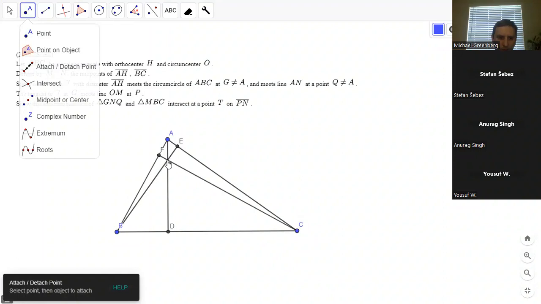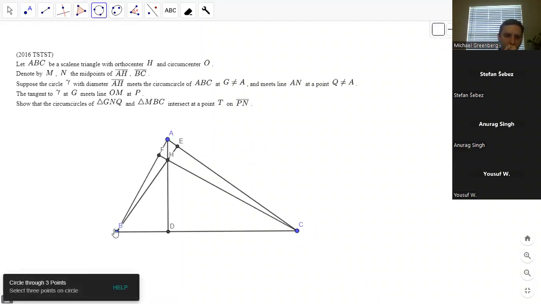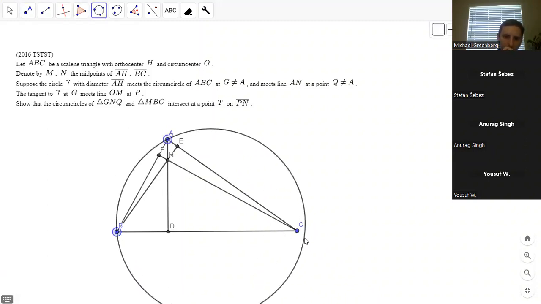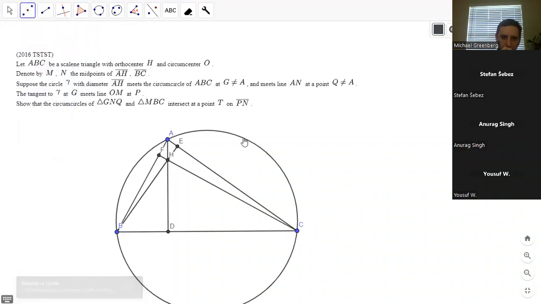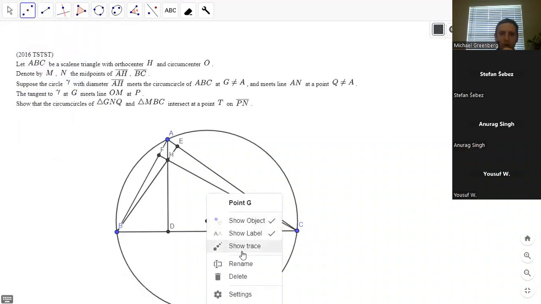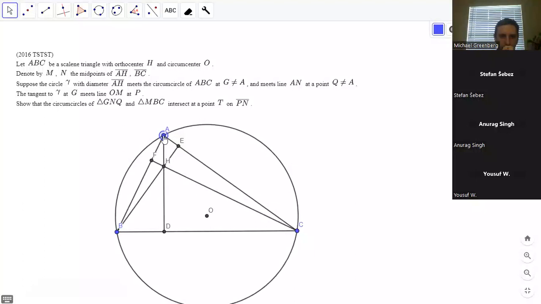So this will be H. This will be O. Basically, G is the AQ point. Okay. So M and N, I'll draw those. So yeah, G is the Q point.